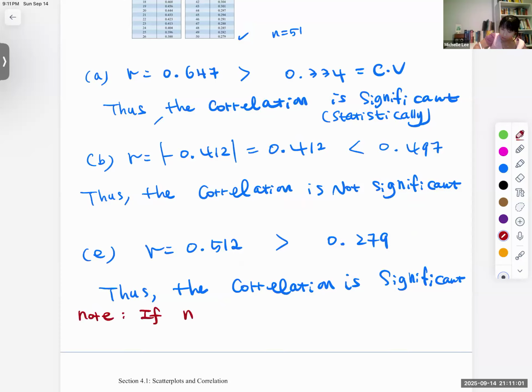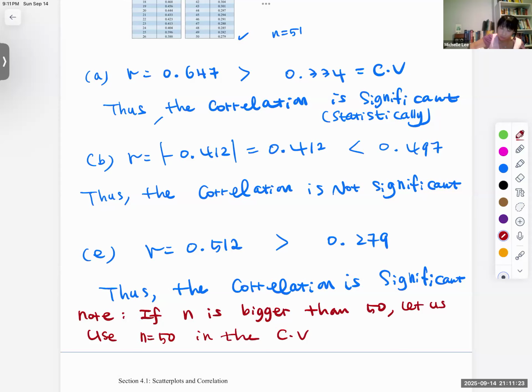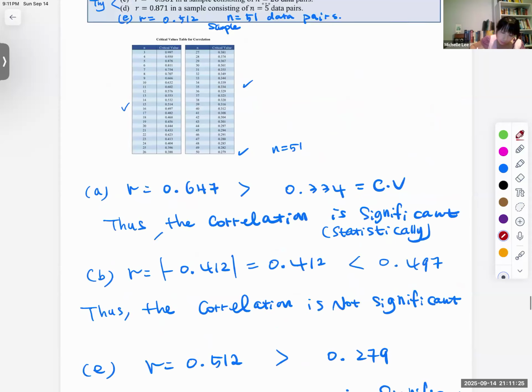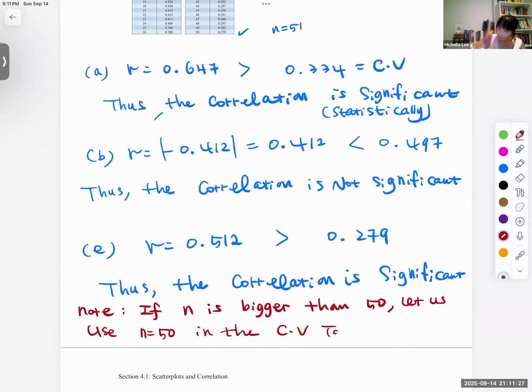If n is bigger than 50, let us use n equal to 50 in the critical value table. Yeah? What is the name? Table. Yeah. Right. Make sense?